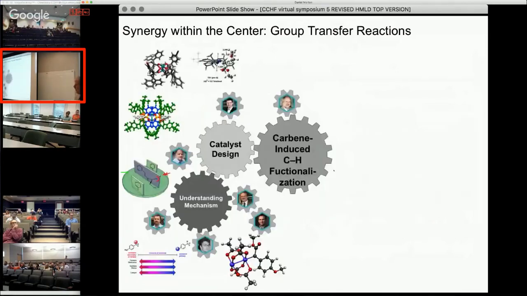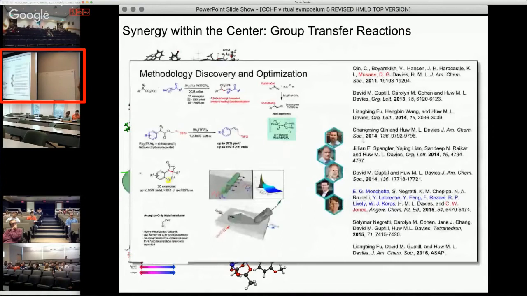Next slide, please. So with this mechanistic understanding and design of new catalysts, you're really set up for new methodology development. And the next slide shows the type of activities we have here. In this particular scheme, notice in the references on the right, the people in red are the PIs that we collaborate with, the ones in blue are the authors, the students involved.